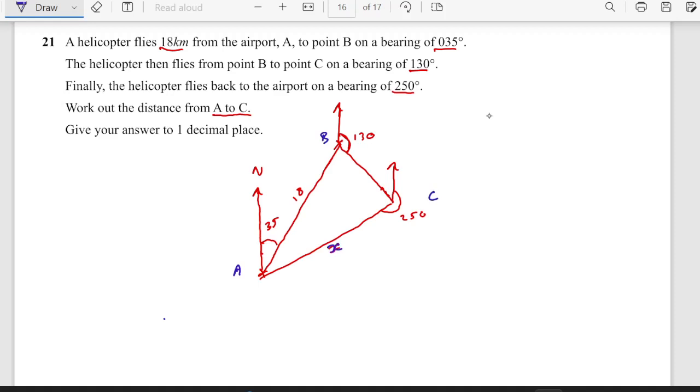So I want to find some of these missing angles. If that's 35, then this would be a supplementary angle, so that's going to be 145.